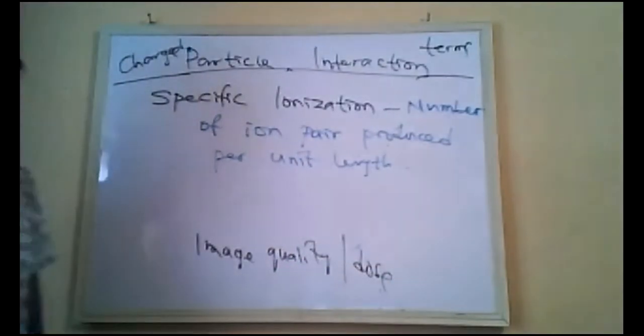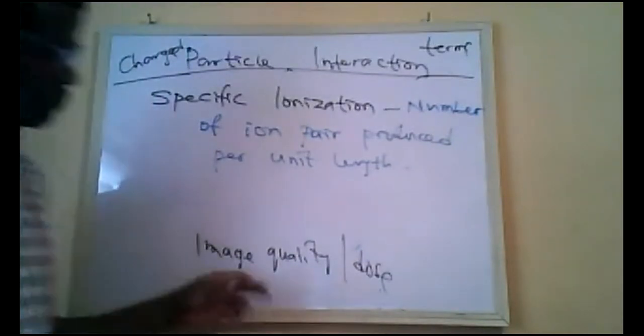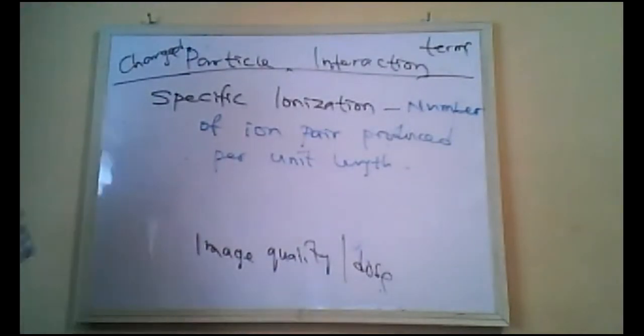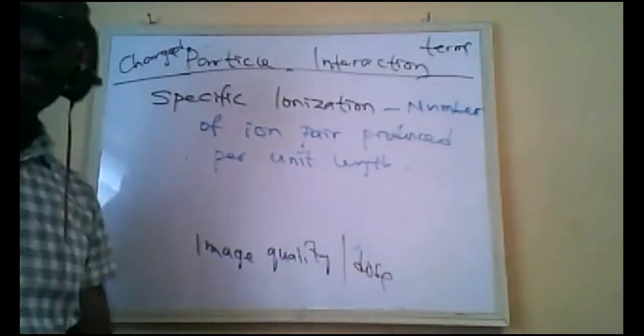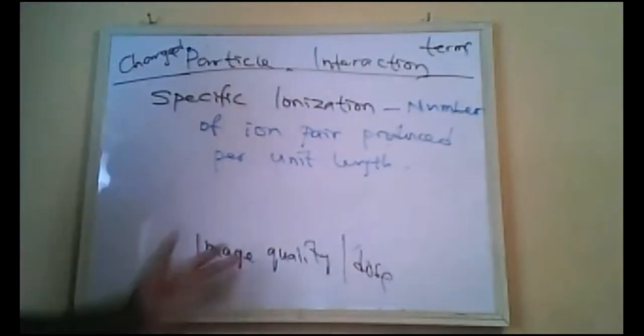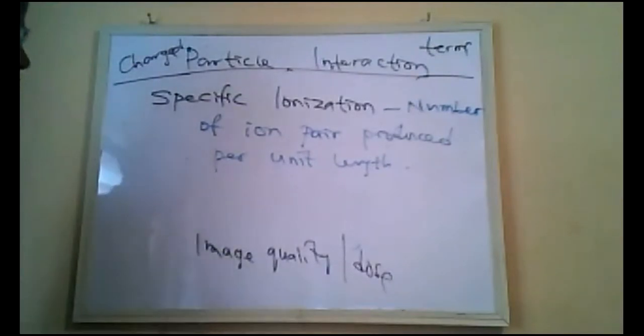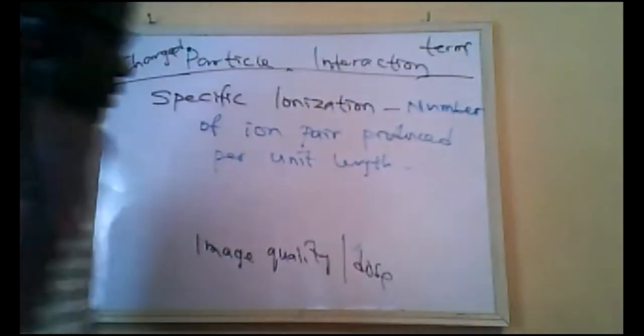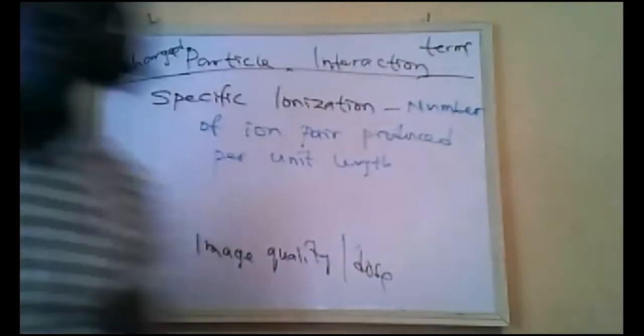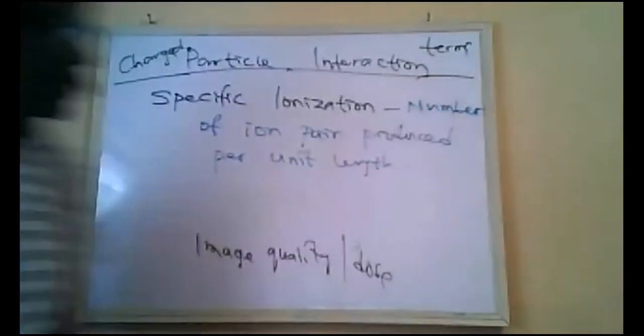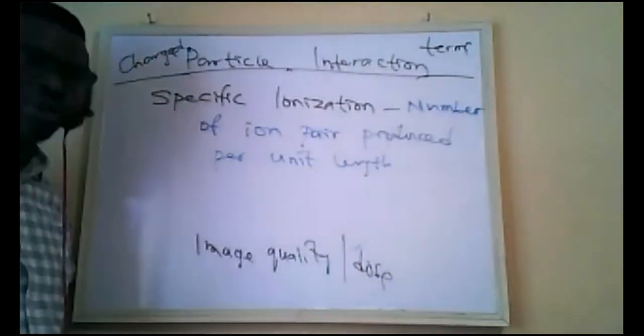The more dose we give to a patient, the better the image quality. But this comes at a price. We should be able to manage it so that the dose isn't so much that it becomes detrimental to the patient, and the image quality shouldn't be compromised either.